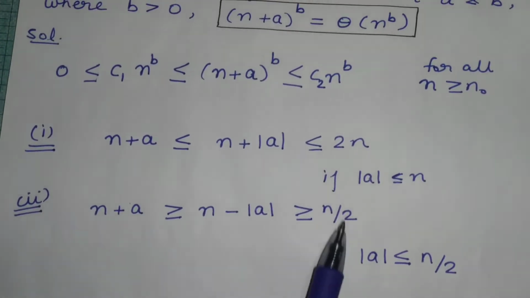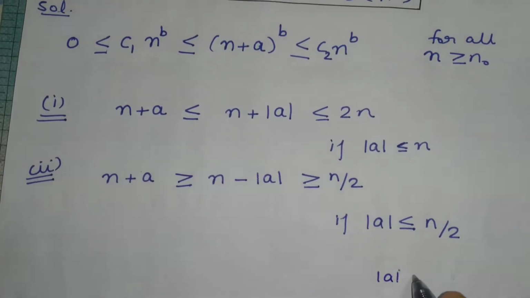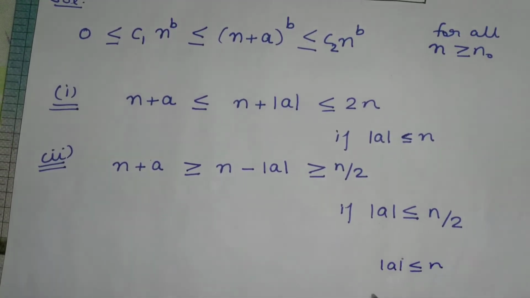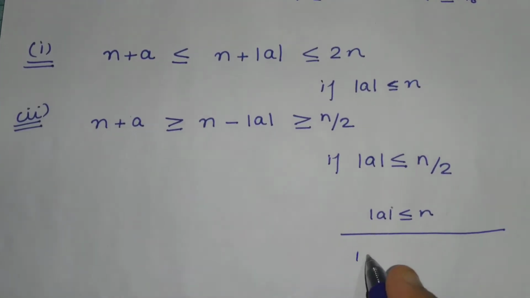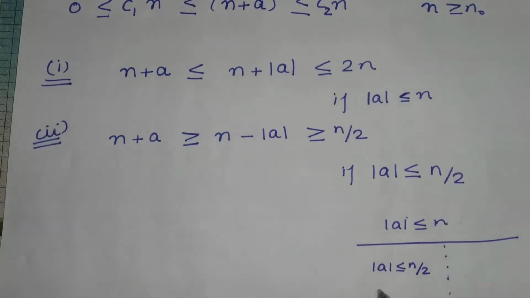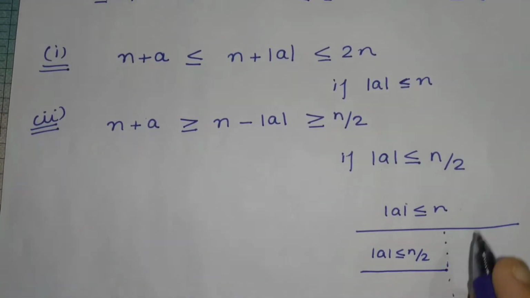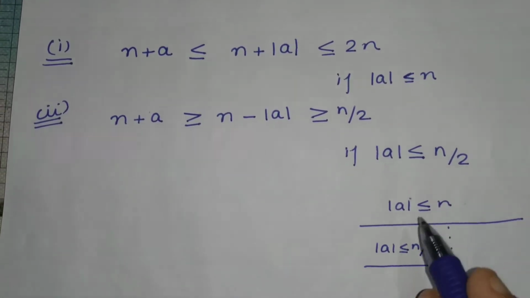So we had these two ranges. One time we have |a| less than or equal to n, and one time |a| less than or equal to n by 2. So the common range is n by 2 only.